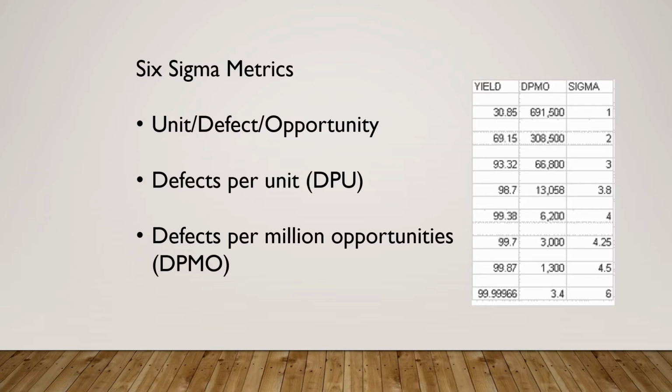Earlier, we said that 3.4 defects per million opportunities is the coveted Six Sigma quality level. Philip Crosby advanced the concept of zero defects in his book, Quality is Free. Crosby equated a defect-free environment with perfect products.